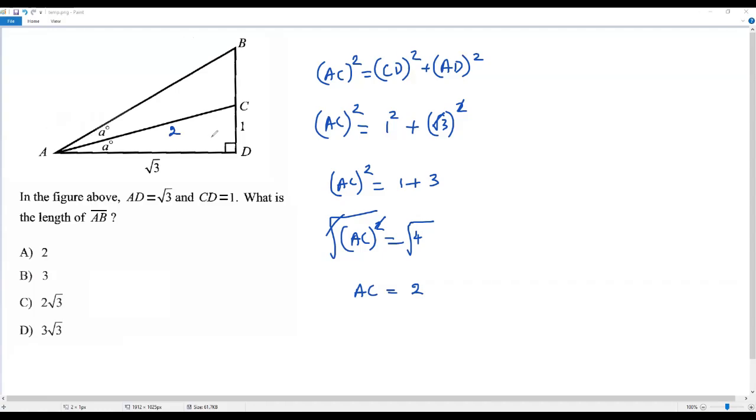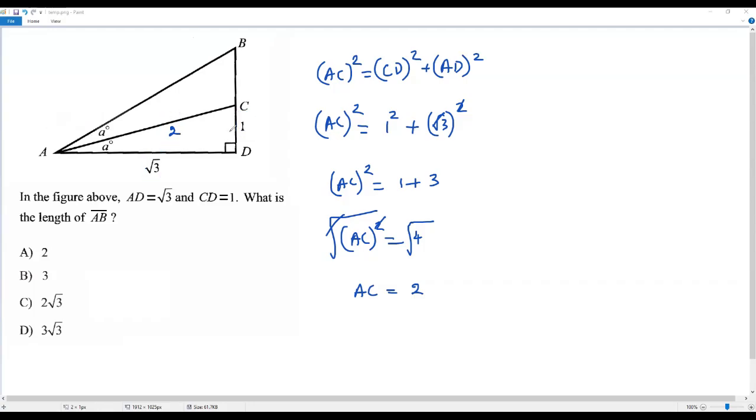Okay, now let's consider the side lengths of the right triangle ACD. We have 1 and square root of 3 and we have 2. So clearly when I look at the lengths over here, 1, square root of 3 and 2, ACD is a special right triangle. That is, it's a 30-60-90 special right triangle. Only in a 30-60-90 special right triangle will we have these numbers as side lengths.